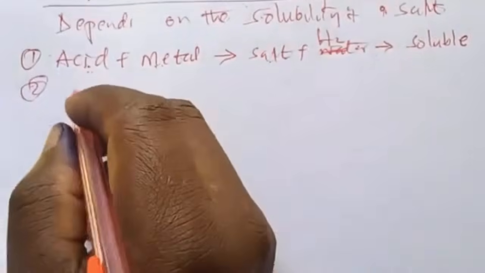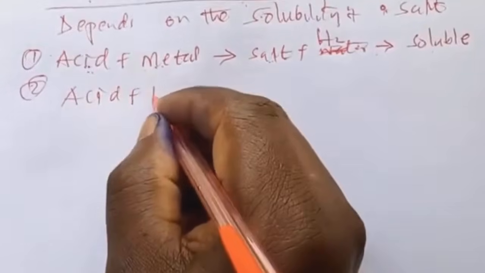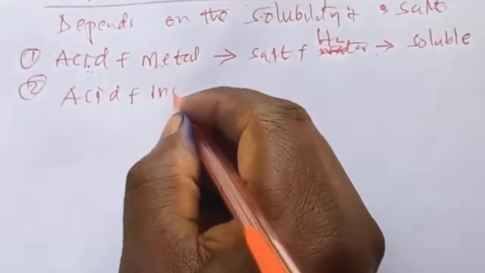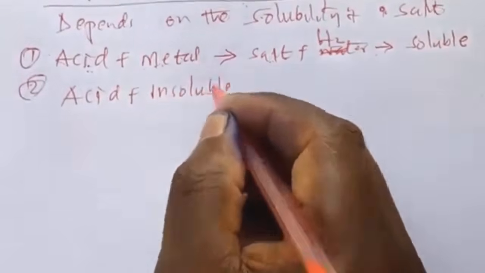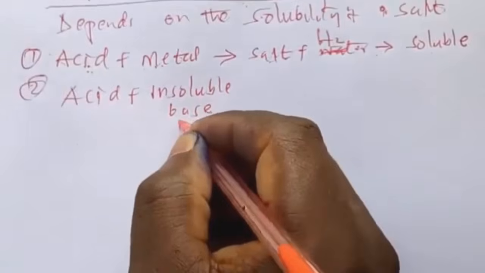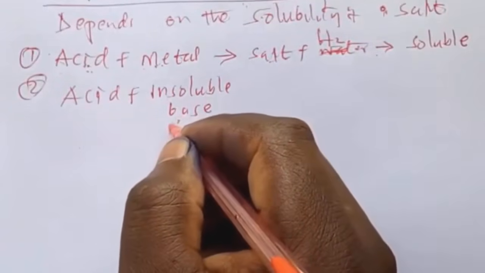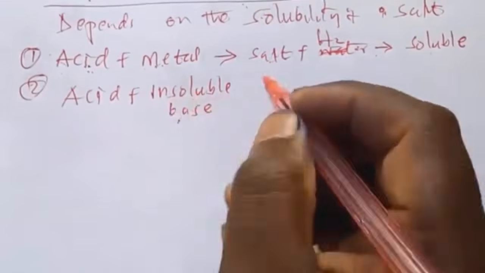Method number 2 is acid plus insoluble base. Insoluble bases are magnesium oxide, copper(II) oxide, lead(II) oxide. So those are insoluble bases.